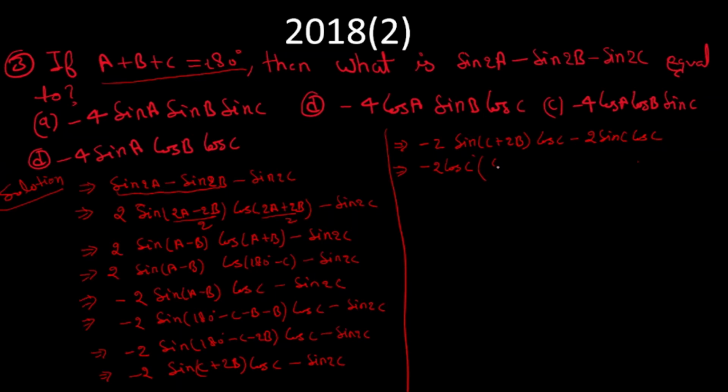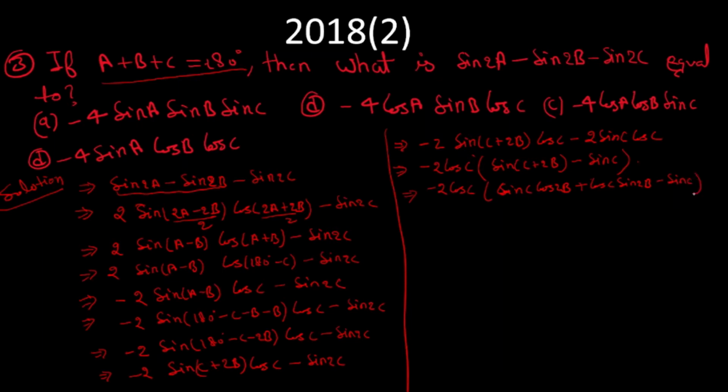So here we get sine c plus 2b minus sine c. Yeah, we got this. Now to solve this I open the sine a plus b formula. So when I open, we get sine c cos 2b plus cos c sine 2b minus sine c.